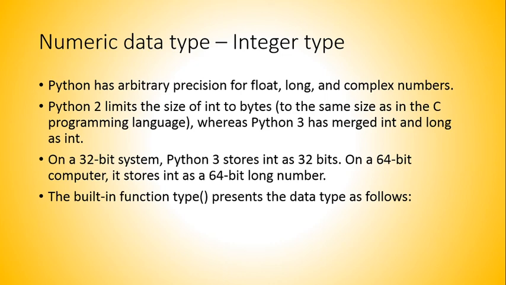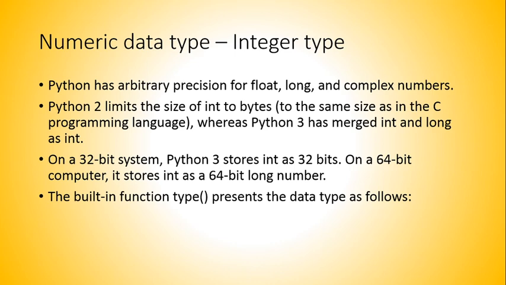The positive side of this architecture is that users are not limited to the range of numbers, but they must always ensure that sufficient memory is available during the calculation to avoid erroneous results. So this is a part of the integer data type: it's not limited to the range of numbers.